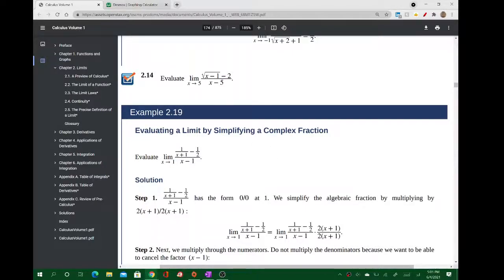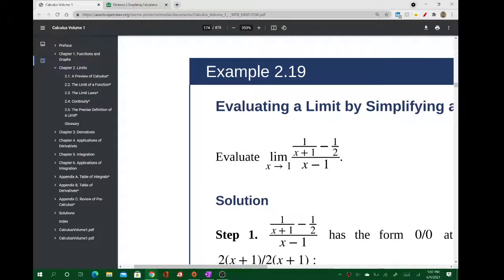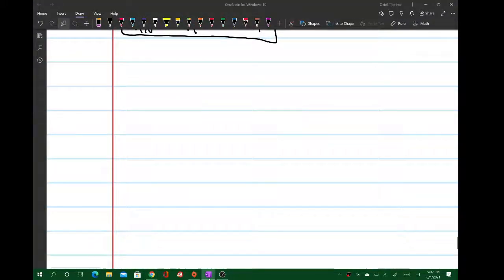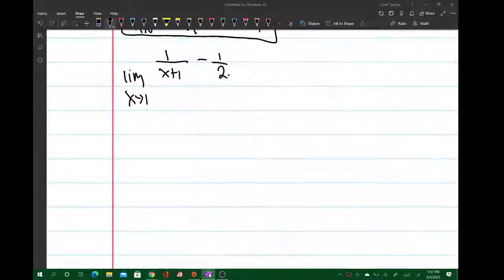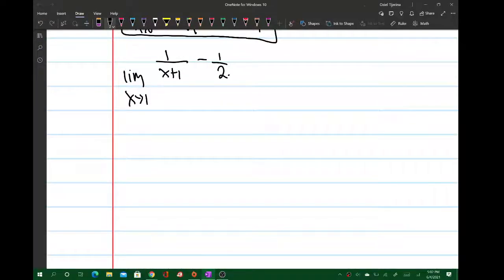So this is an interesting one. The limit as x approaches 1 of the quantity 1 over x plus 1 minus 1 over 2, all over x minus 1.